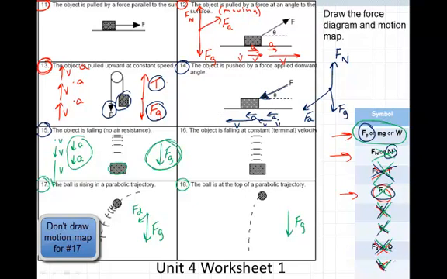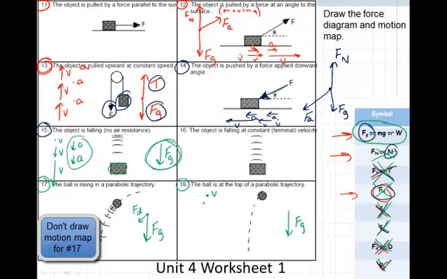So the motion map for 18, let's do 18 first. The motion map for 18 would probably look something like this, where it's at the top of its parabolic trajectory. So if we just did it for that part, it would just be a dot for the velocity.